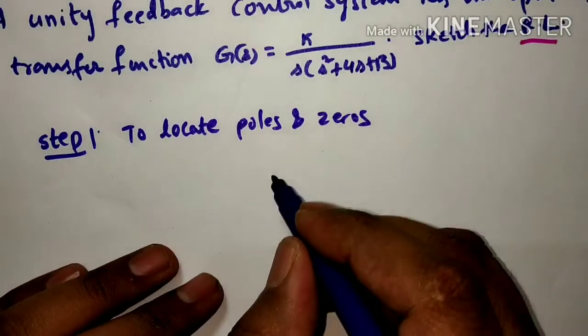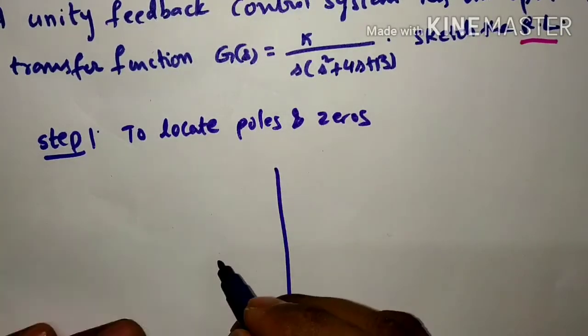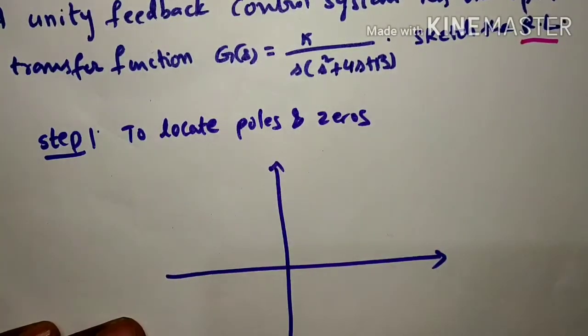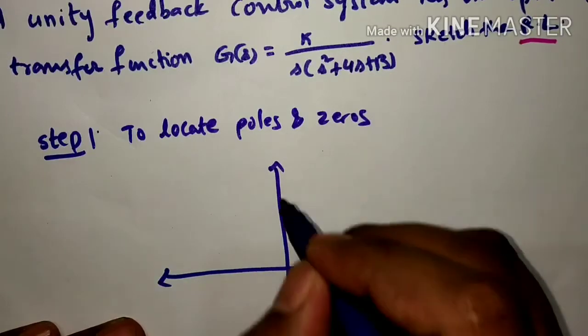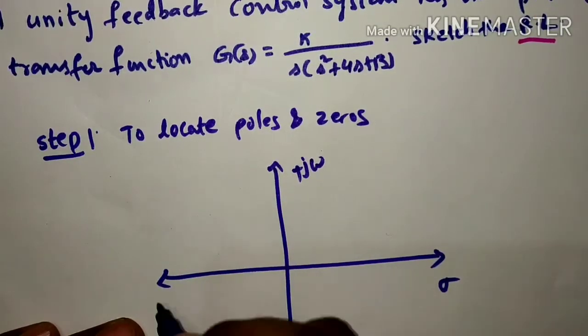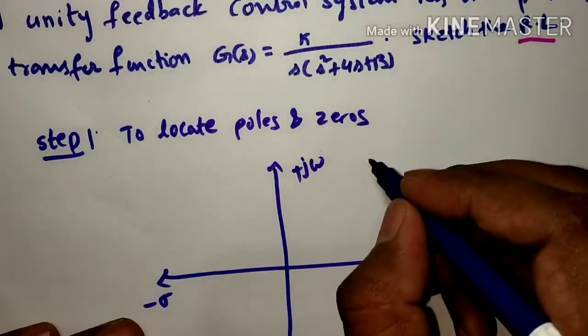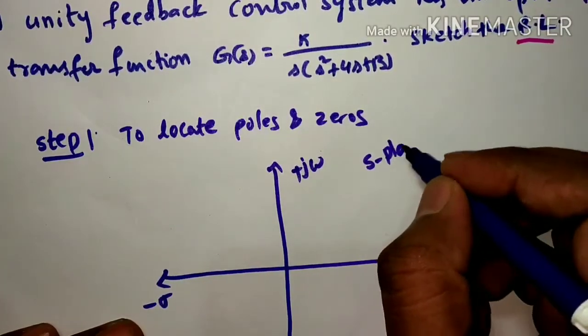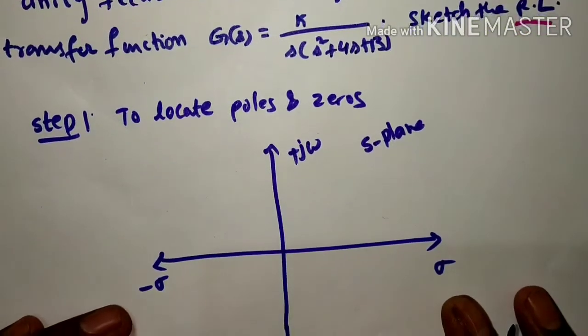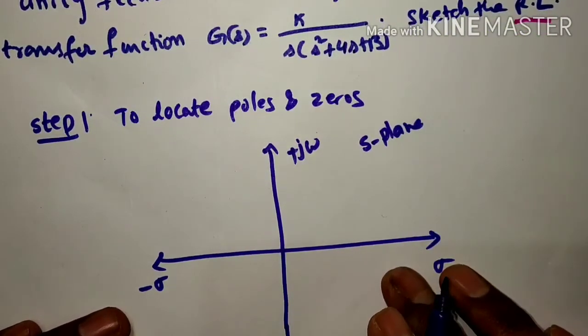You see that this is the S plane. First we have to locate the poles and zeros.